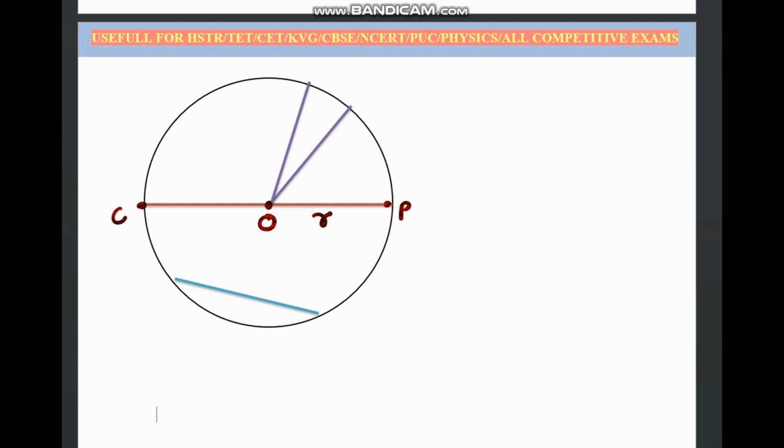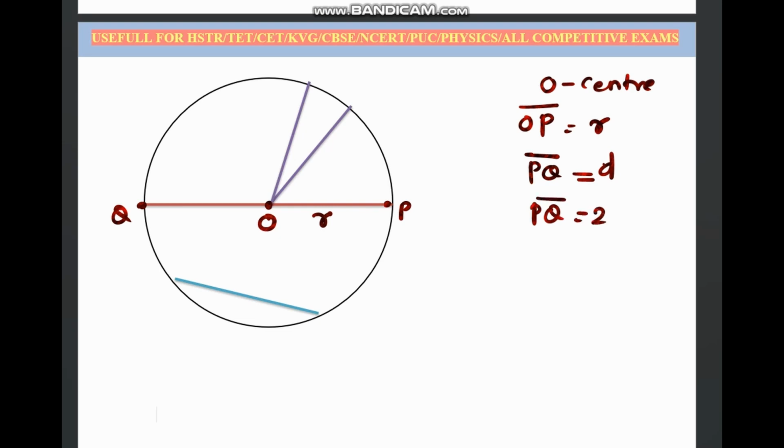Then I will take this point as Q. O is the center of the circle, OP is a radius of the circle. Then PQ, these are all line segments. So I will write this as PQ. PQ is a diameter of the circle. Now I can say that PQ is equal to double of OP. This is very useful for your examination.